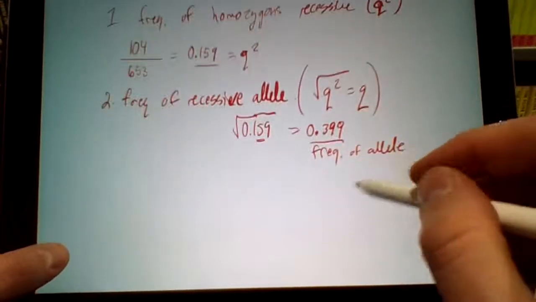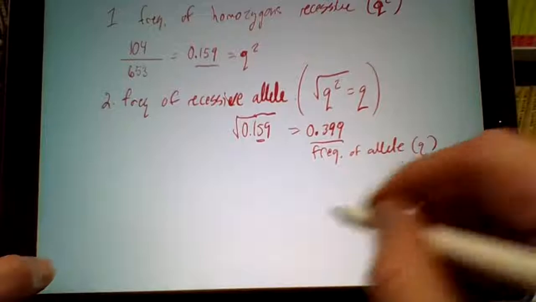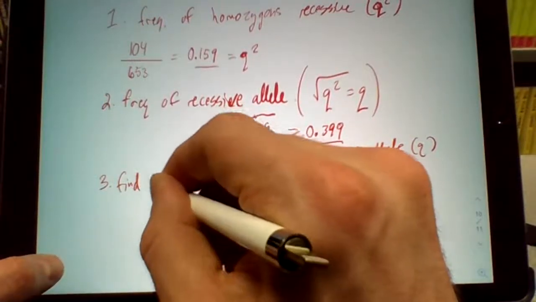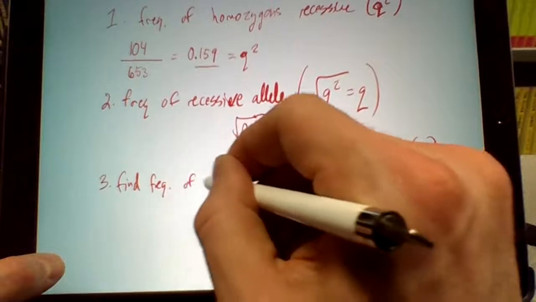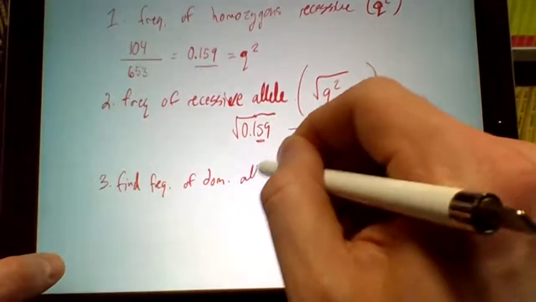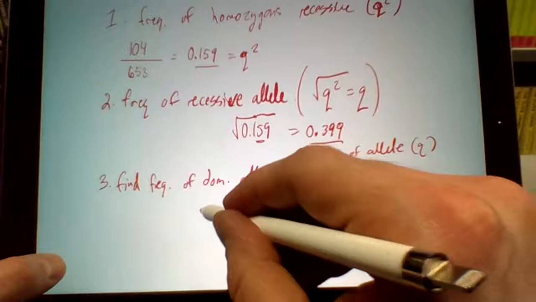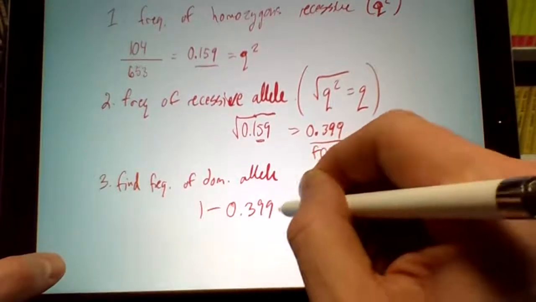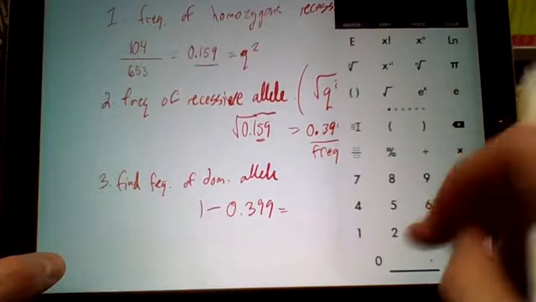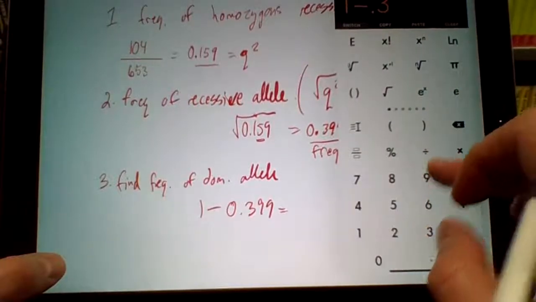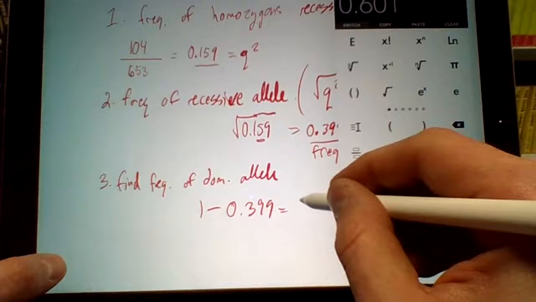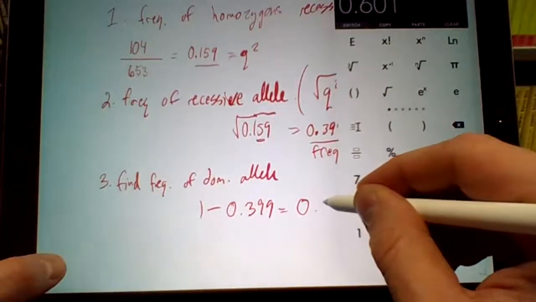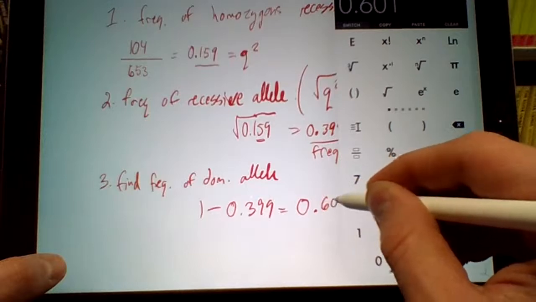Okay, so that's q. So now step 3, find the frequency of the dominant allele. We're going to take 1 minus 0.399, and that equals 0.601.